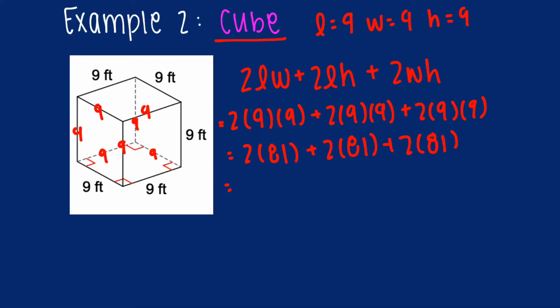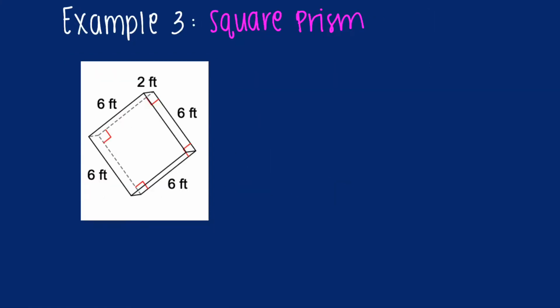When I multiply 81 by 2, I get 162. So 162, add it to itself 3 times. And when I do that, I end up with my total surface area as 486.